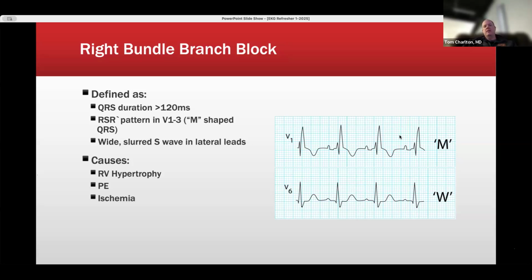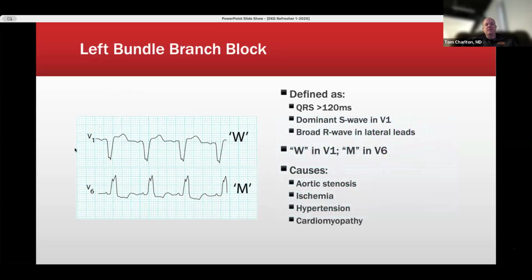So in V1, we will have this M appearance, all right? So it's an M. So we go up, down, forming that M. This can be caused by right ventricular hypertrophy because there's more of that tissue there that needs to get depolarized. We will see this in pulmonary embolism as well as ischemia, since it takes longer for those cells to do their job.